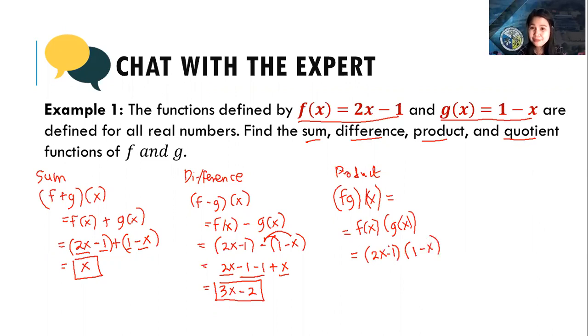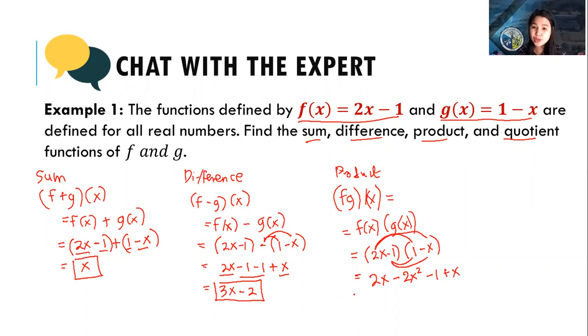You can do the FOIL method or you can do the vertical one. So 2x times 1 is 2x. 2x times negative x is negative 2x squared. Negative 1 times 1 is negative 1. Negative 1 times negative x is positive x.